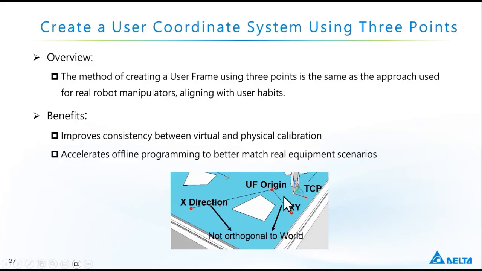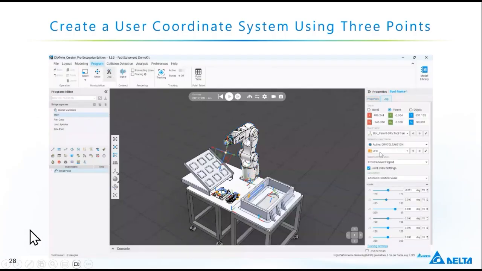And the third one is for the y direction. So if we want to create a frame orthogonal to the world, we can use this kind of method. And we have a quick introduction about it.